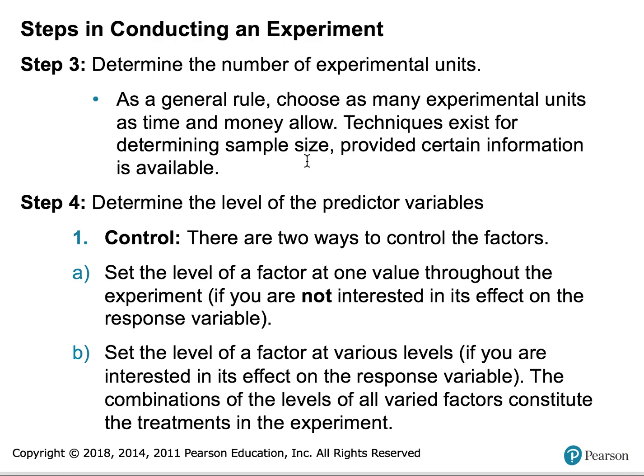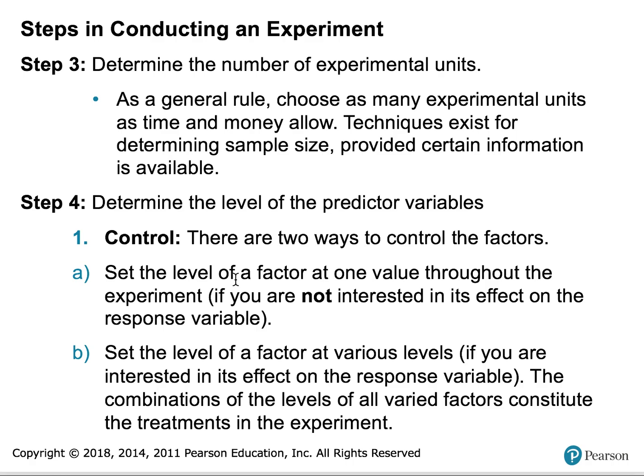Step 3, determine the number of experimental units. As a general rule, choose as many experimental units as time and money allow. Techniques exist for determining sample size, and we'll talk about that later. Step 4, determine the level of the predictor variables. So control first. There are 2 ways to control the factors.